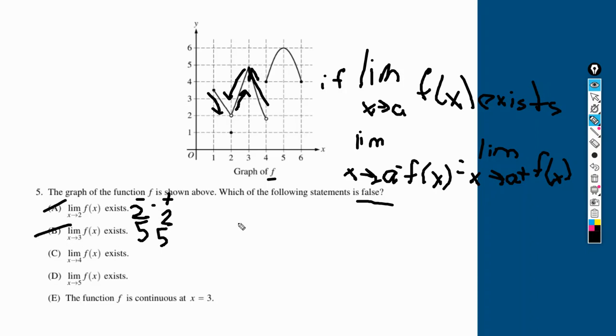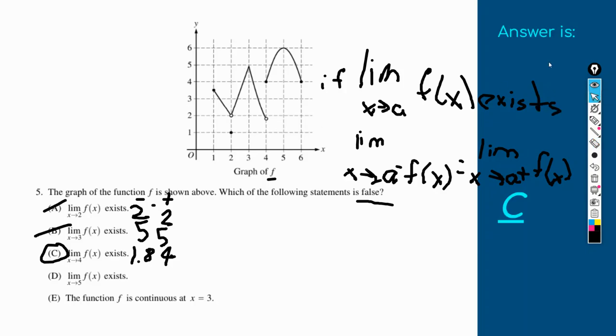Limit exists, statement is true. The limit as x to 4, well, from the bottom, from the negative direction, it equals a little bit below 2. I'll call it like 1.8. But from the right, or the positive direction, it's 4, meaning this limit does not exist, which means the statement is false, which means the correct answer is C.